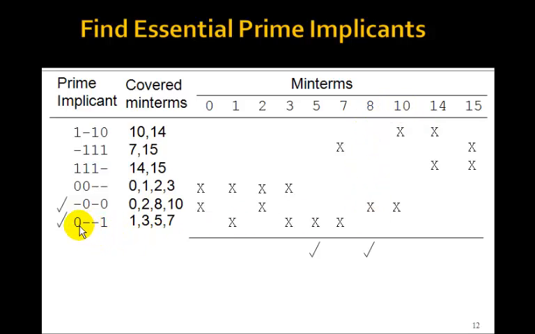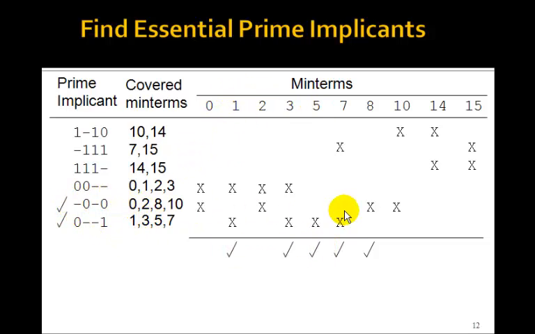But look, once you've picked this one, it not only covers 5, it also covers 1, 3, and 7. So under 1, 3, and 7 we'll put a check mark, because this one has already covered those. So that takes care of 1, 3, and 7.